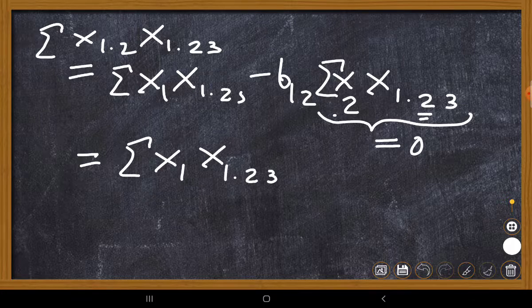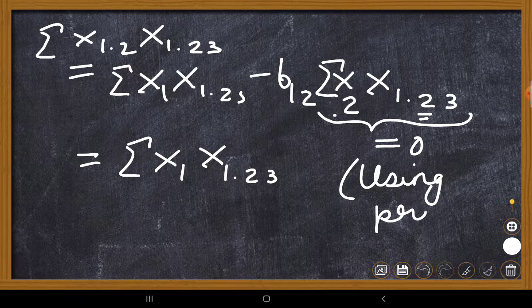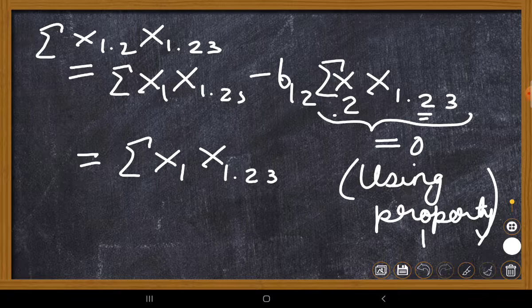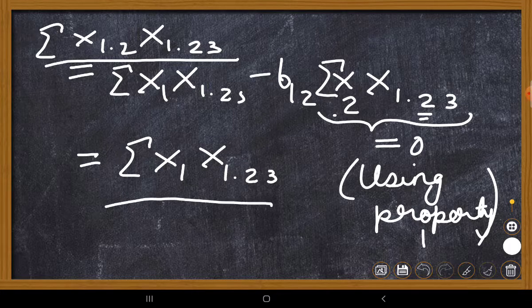Okay, so this is the second property, using property number 1. So if you want to find the sum of the product of these two residuals where the primary subscripts are the same, then it is the same as finding the product of this.